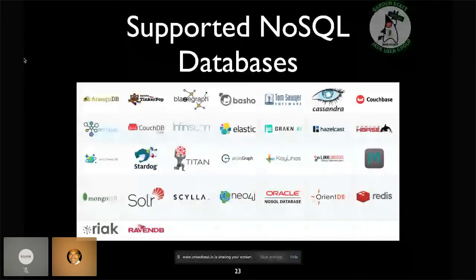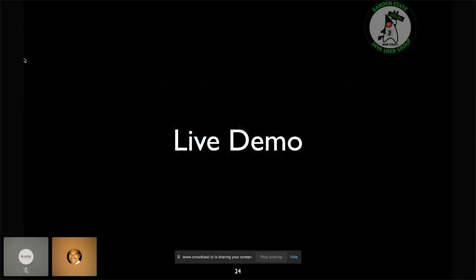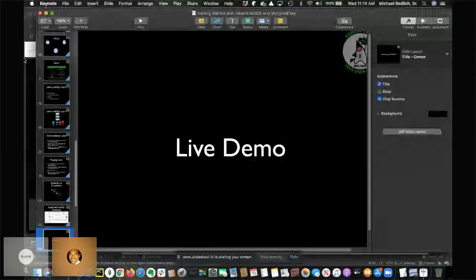Apache TinkerPop is a graph NoSQL type, and I believe there are no specific classes for the graph NoSQL database type because the specification leverages Apache TinkerPop. All right, if there are no questions, we'll go to the demo.